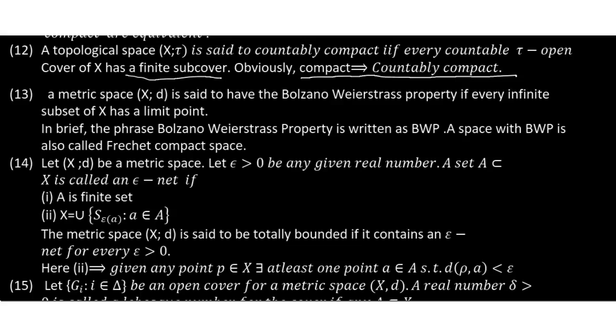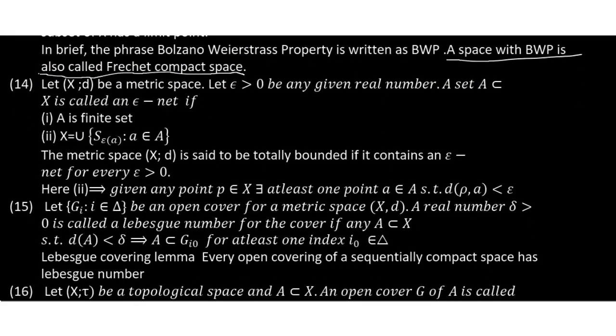In brief, the phrase Bolzano-Weierstrass property is written as BWP. A space with BWP is also called a Frechet compact space.